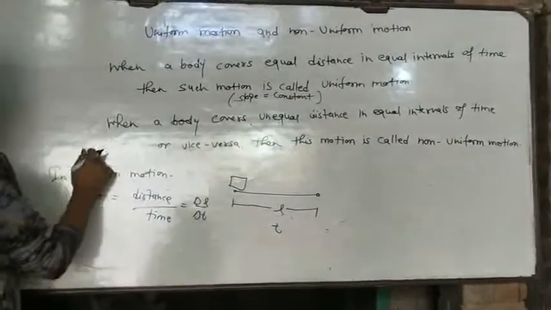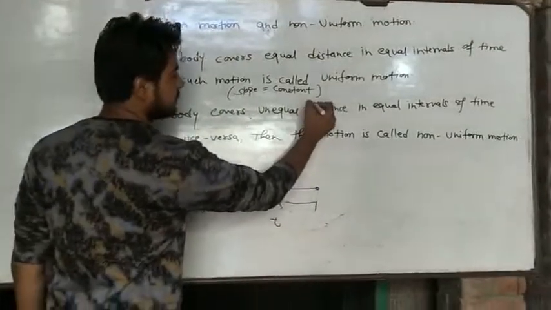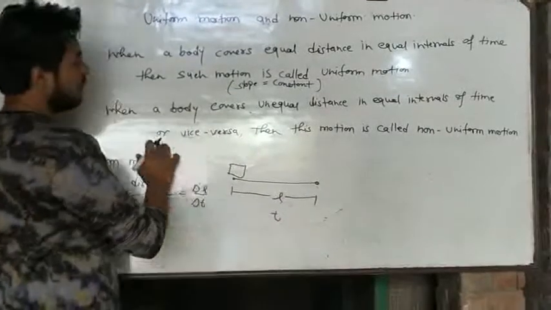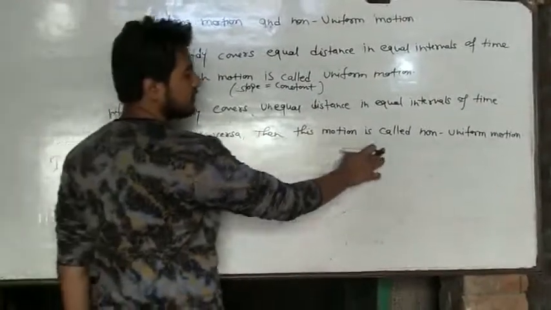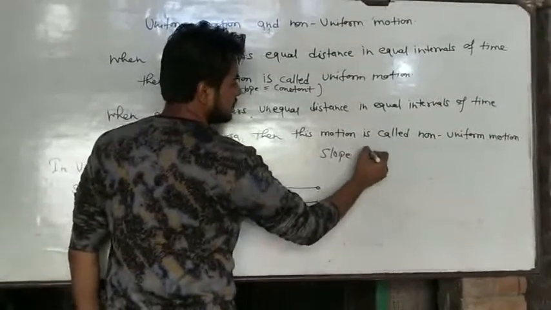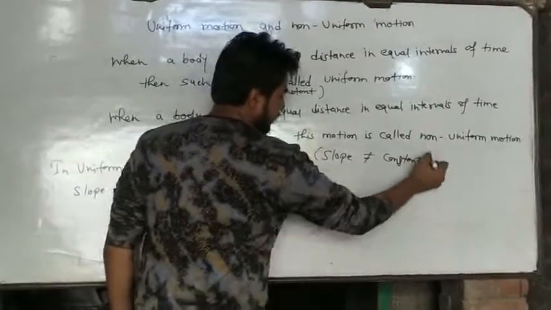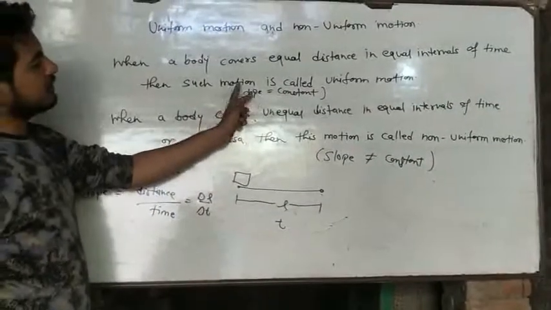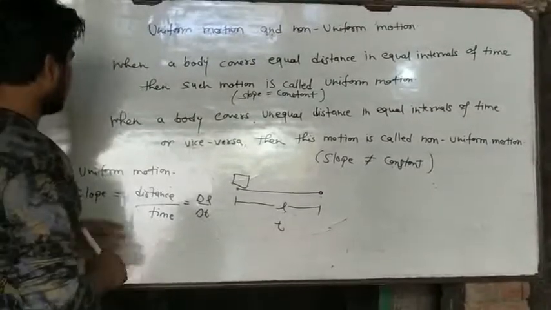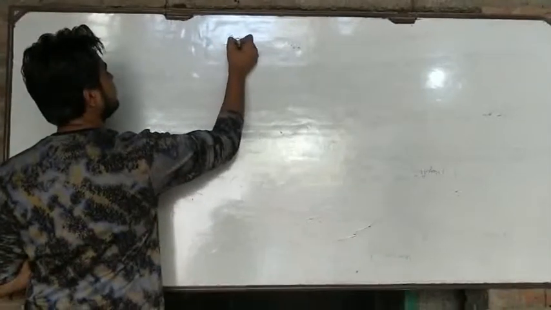And non-uniform motion: when an object or body covers unequal distance in equal intervals of time or vice versa, then this motion is called non-uniform, meaning the slope is not constant. We will use these terms in the graphical method. Now write down this. Ready.